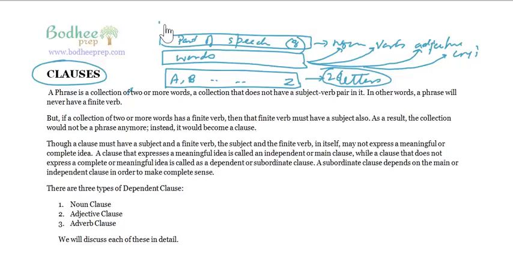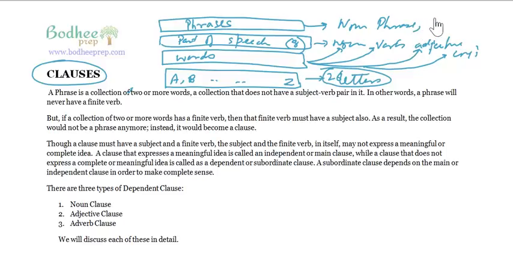And when you have a collection of words, what you have is a phrase, right? So we have phrases. And there are different categories of phrase. We have seen noun phrase, gerund phrase, verb phrase, prepositional phrase, infinitive phrase, right?